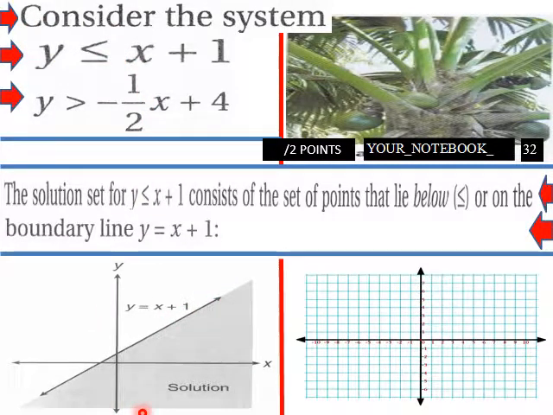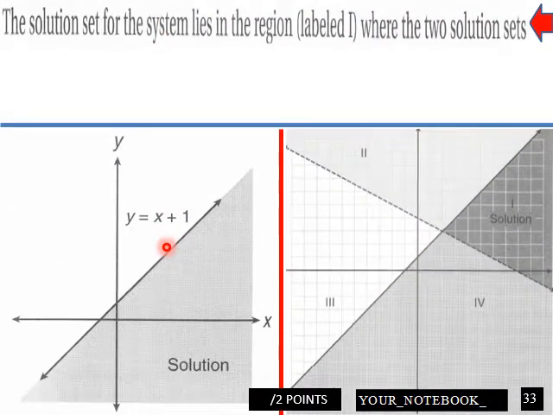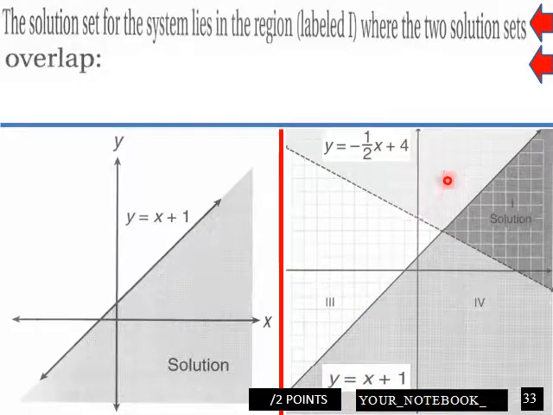The boundary y equals x plus 1 is a solid boundary. So there is that solution, and then the other solution is here, this dotted line. The boundaries are y equals negative 1/2 x plus 4 and y equals x plus 1.